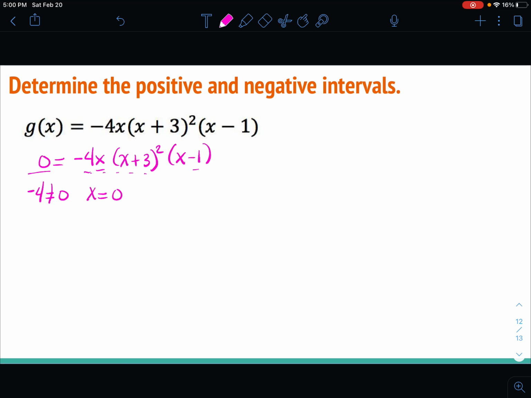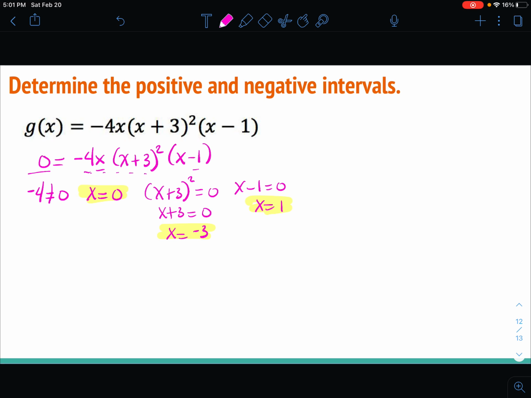We can put x equal to 0, x plus 3 squared equals 0, and x minus 1 equals 0. Now we need to find all the x-intercepts. Well, that one's already found for us. We could take the square root of both sides, and then x equals negative 3. There's another x-intercept. And the last one is just x equals 1.